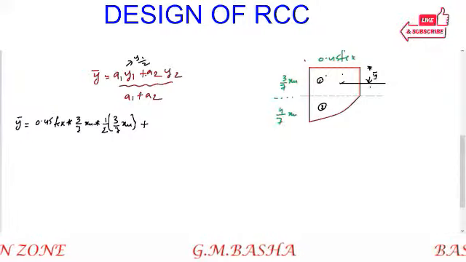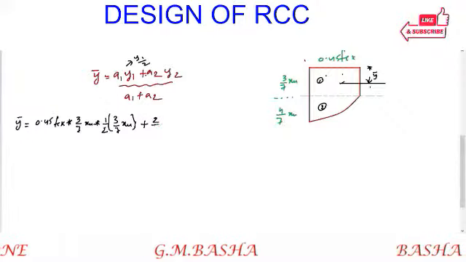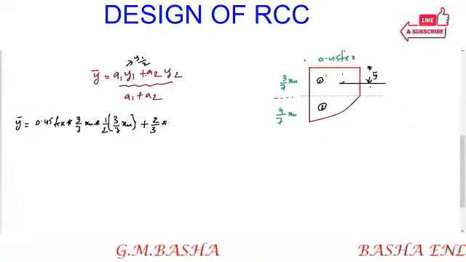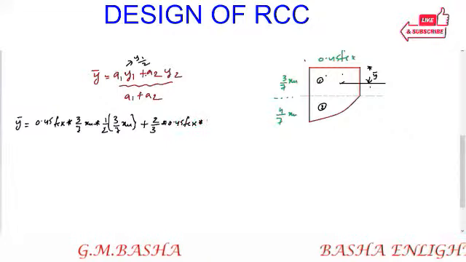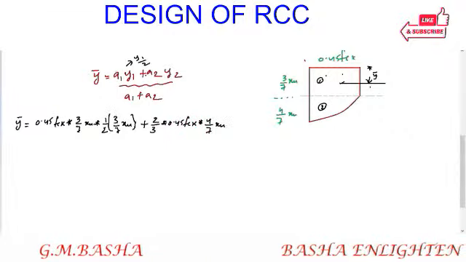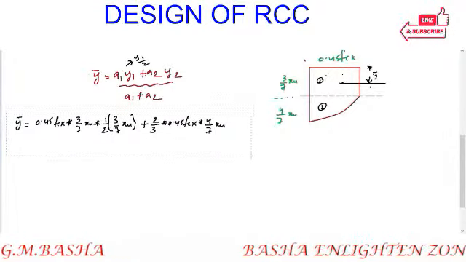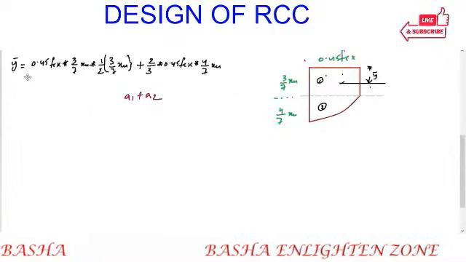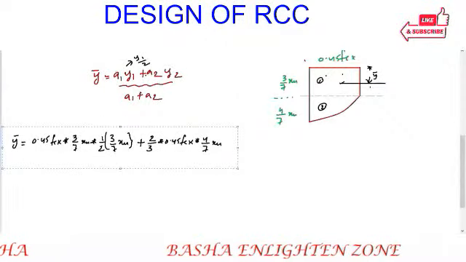What about this a2? As I already told you, for the parabolic portion a2 will be 2 by 3 times 0.45 fck into this 4 by 7 xu. It is better to write here.